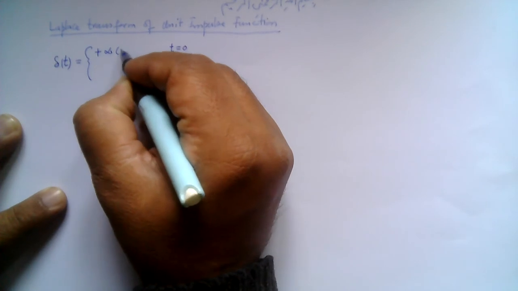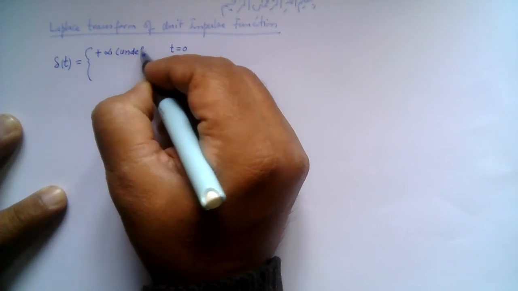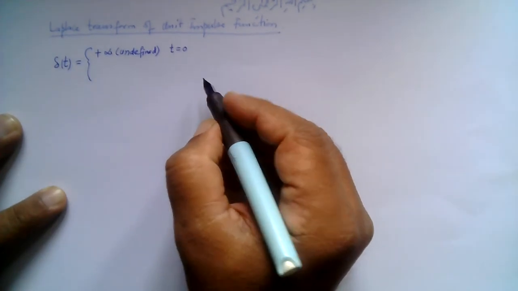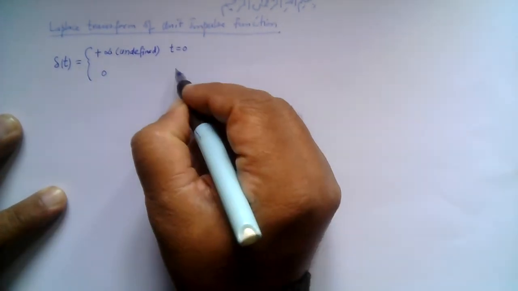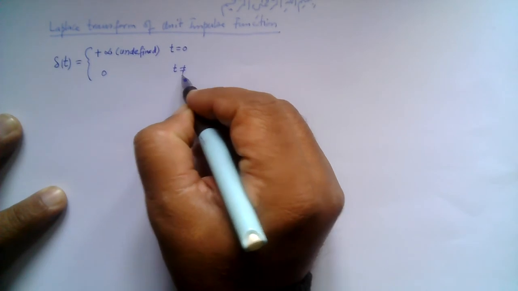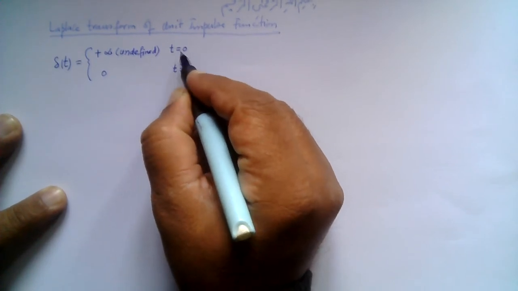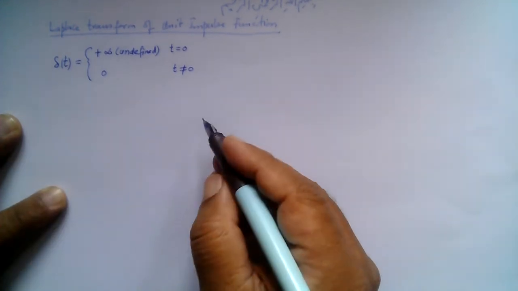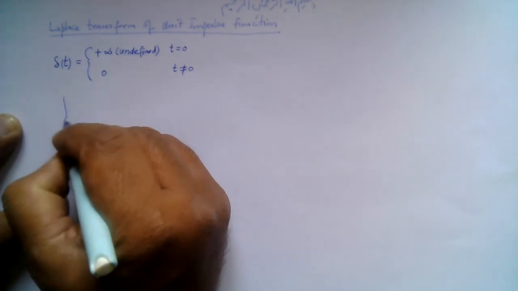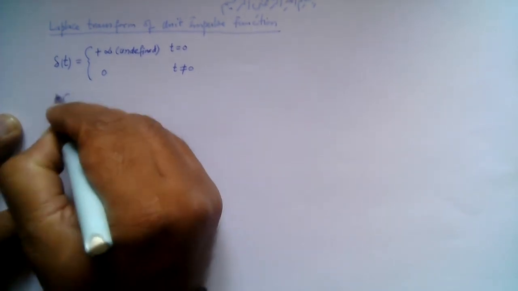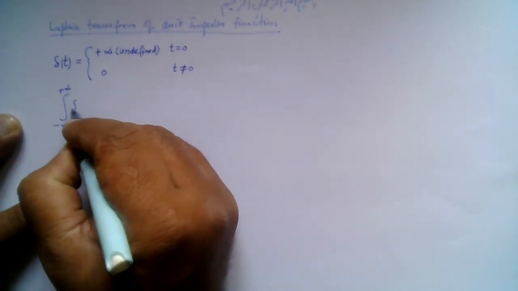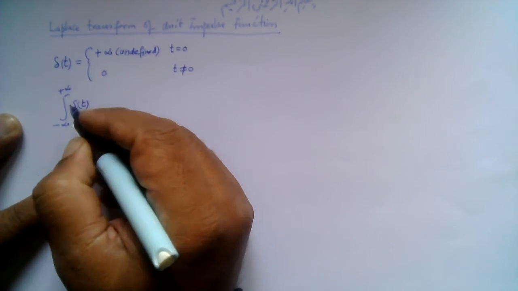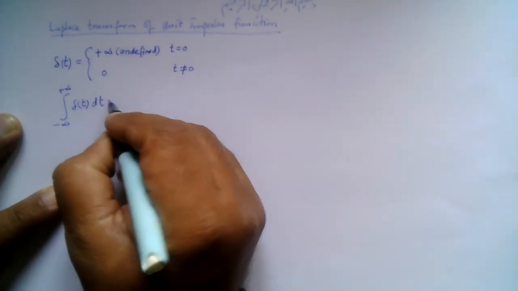Or we can say this is undefined at t is equal to 0, and this is 0 when t is not equal to 0. At t is equal to 0 this is infinity, and elsewhere it is 0. And furthermore it has a second property, its total area is 1: the integral from minus infinity to plus infinity of del t dt is 1.